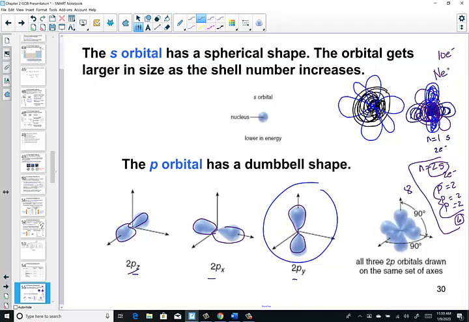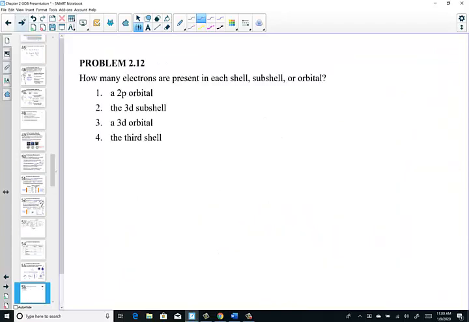The next 8 electrons went in the second energy level to give me a total of 10. And so forth. As we begin increasing size, increasing electrons, we're just looking at the spatial arrangement of these electron clouds. How many electrons are present in each shell, subshell, or orbital?